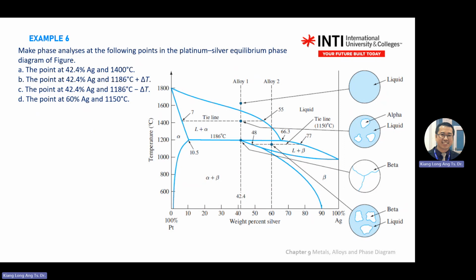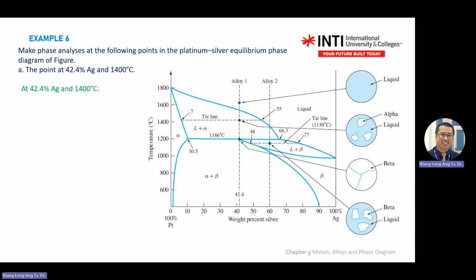So to solve A, you go to the diagram, find the temperature, draw a line, find the percentage of silver or Ag, draw a line, so you get an intersection point there. At this intersection point, you draw a tie line.